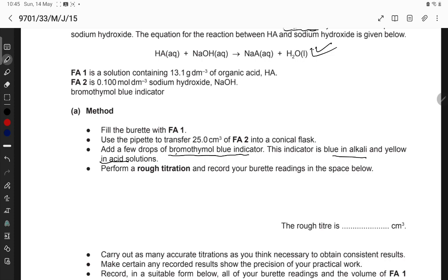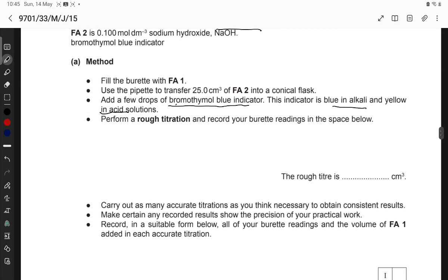And you know that the solution in the burette is Fa1, which is an organic acid. So your end point should be yellow. Perform a rough titration and record your burette reading in the space below.